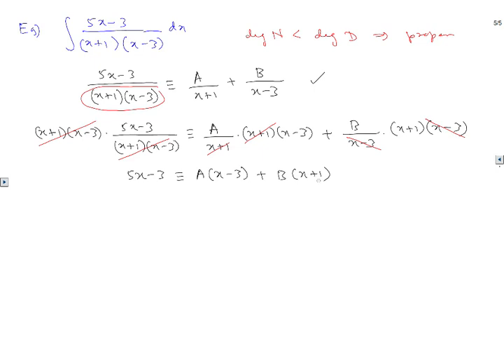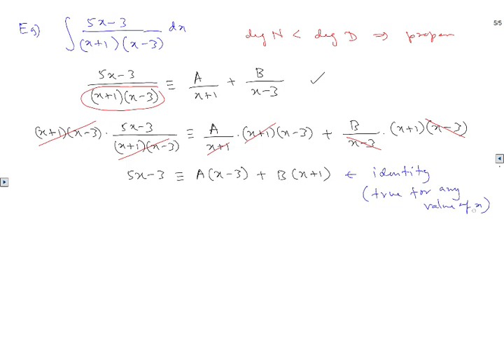We're going to first use substitution, because this is an identity. An identity means it's true for any value of x.